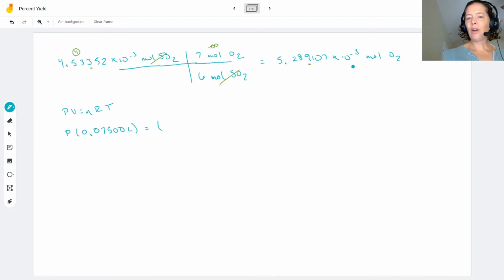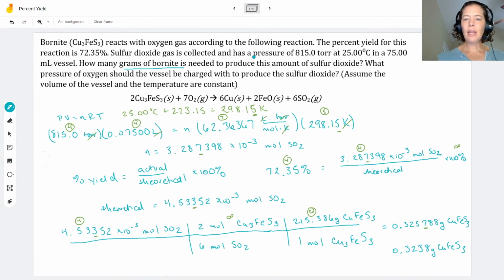We just figured out our moles of O2, so I'm going to pop that in. 5.289107 times 10 to the negative third. That is moles of O2. And let's see, it doesn't specify what pressure unit.